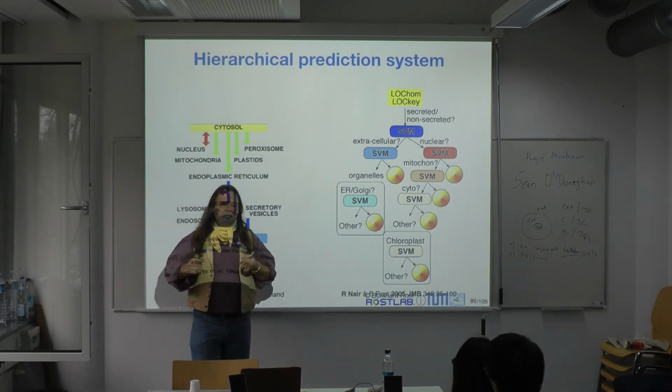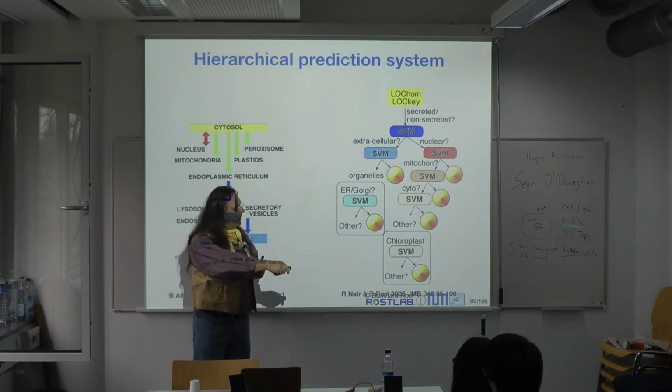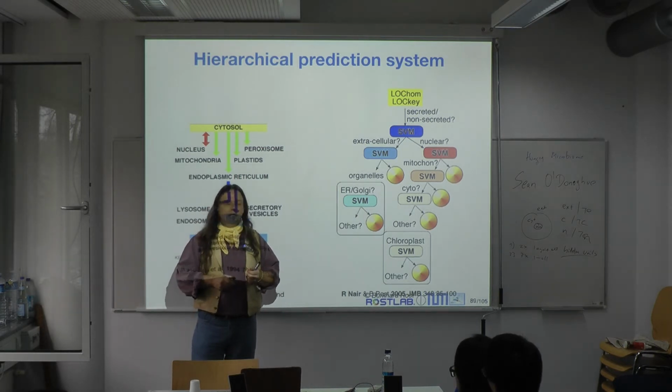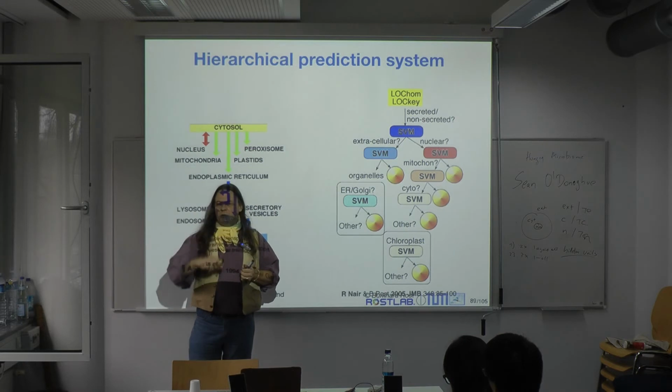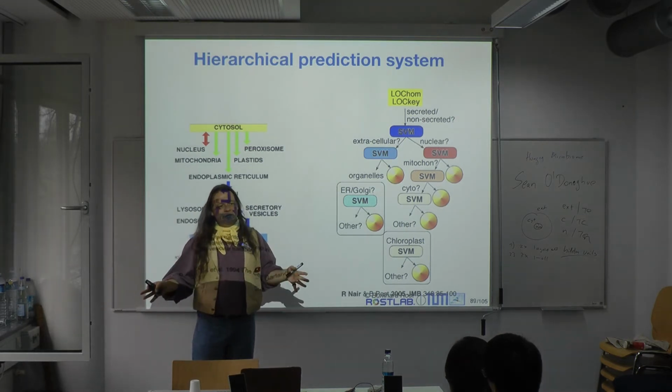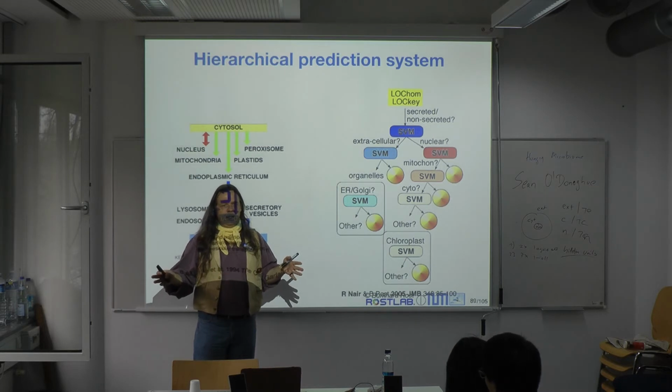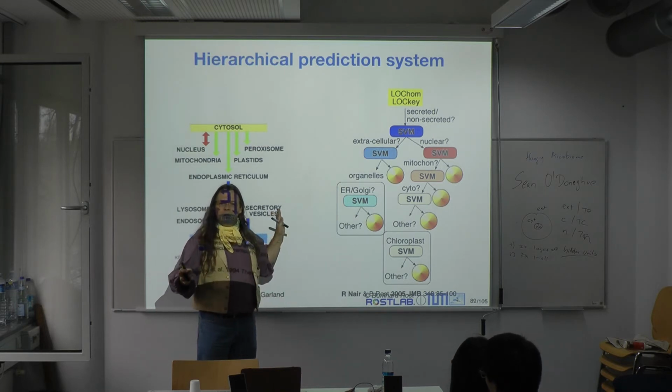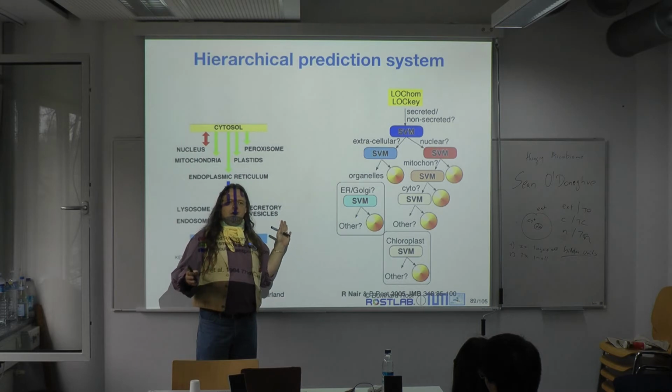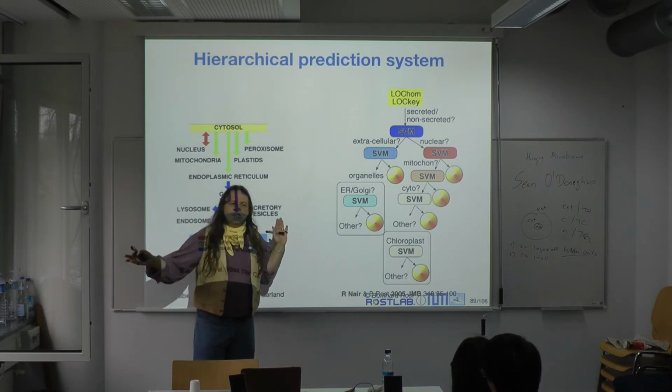Essentially what we have is 18, or in this particular case here, 3 binary decisions, right? Here we have more, for LocTree2 in the end we had 18 different decisions, but there are many ways in which I could have constructed the tree. I argued that this one is supported by the biology, so that's why I take it. How else could I do it?